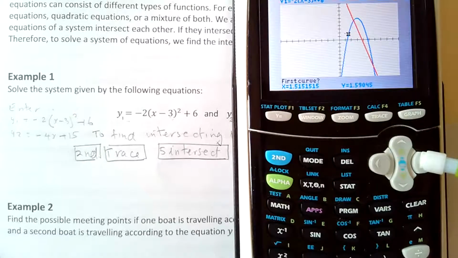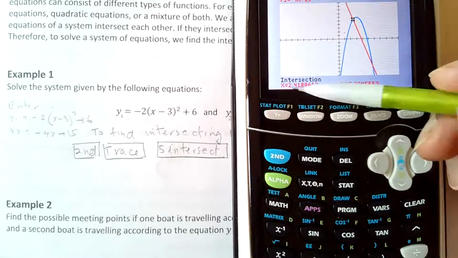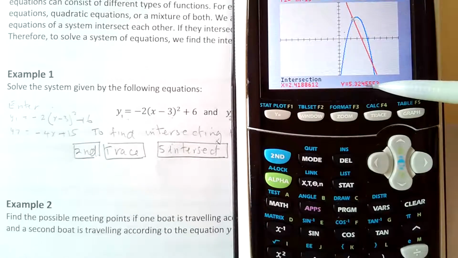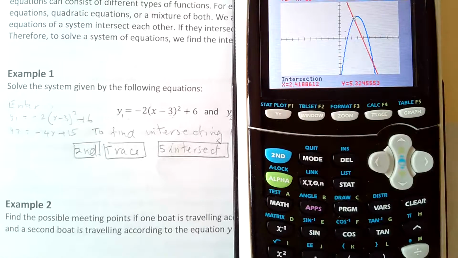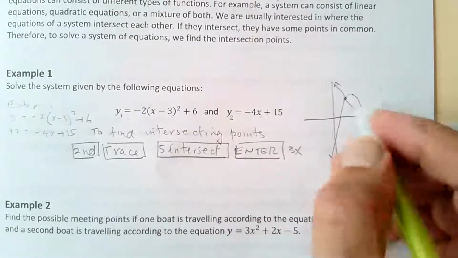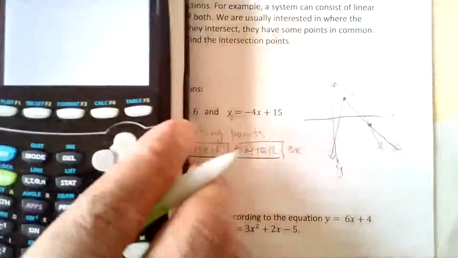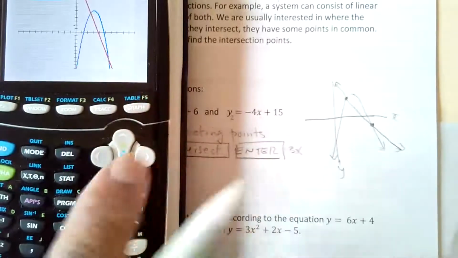There it is. I'm going to go slightly past it. Now I press enter 3 times: 1, 2, 3. That point is approximately 2.4, 5.3. That's your intersecting point, so that's your solution.